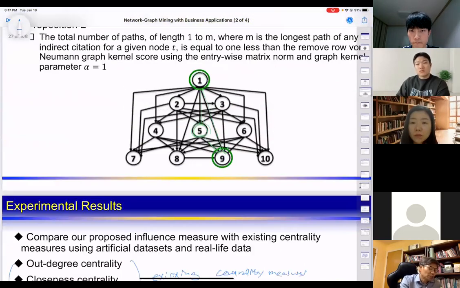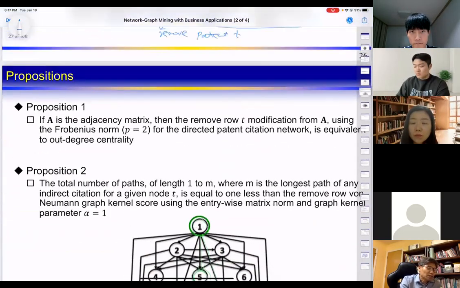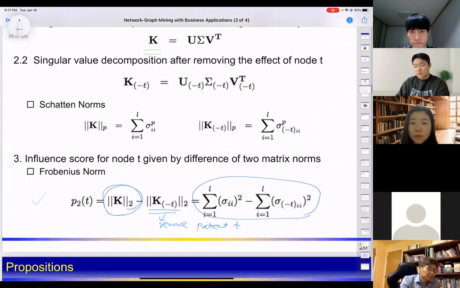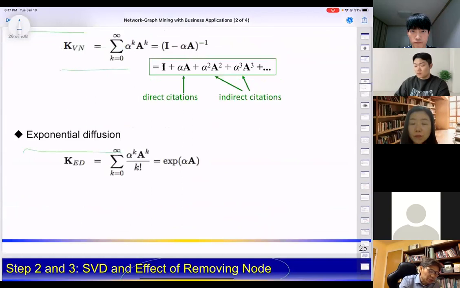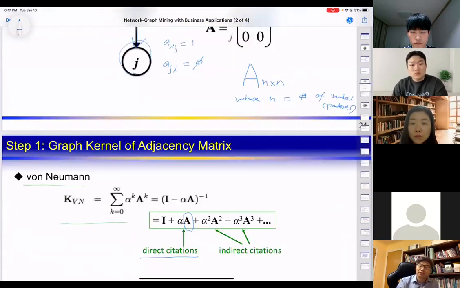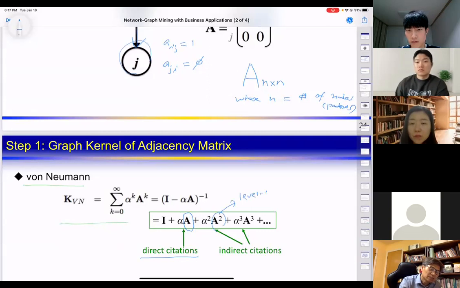So if you look at the kernel idea carefully, this adjacency matrix only considers direct citations. This squared matrix actually is level 1 indirect citation. We can prove it. This one is level 3, level 2 indirect citation.